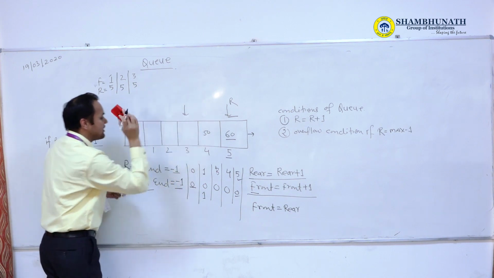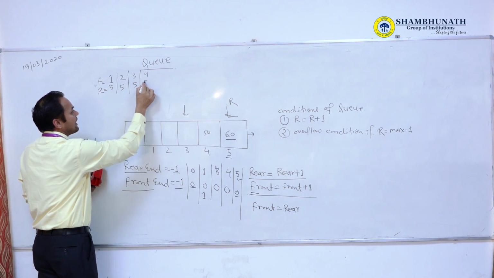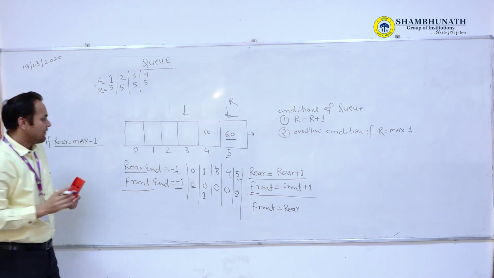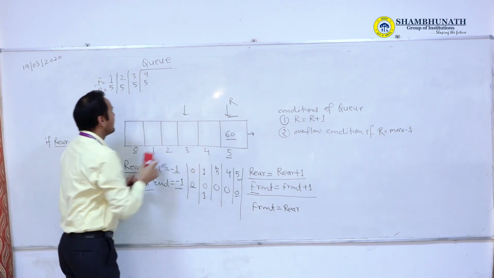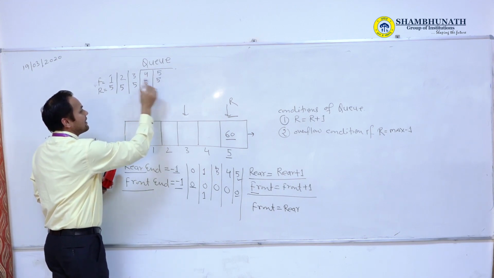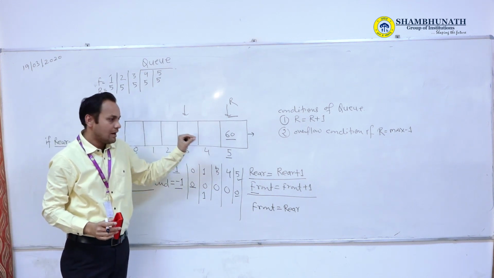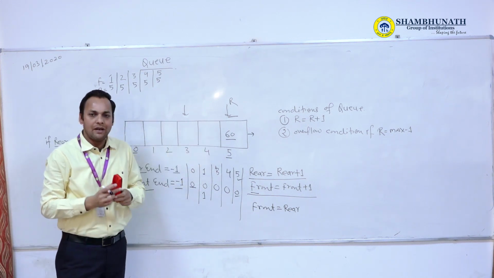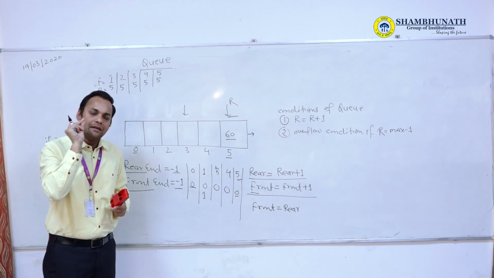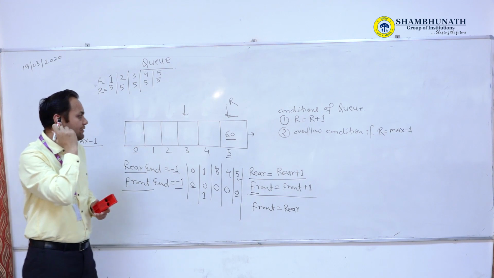Another data element is deleted from the queue. Front is 4, rear is 5. Another data element is deleted. Front is 5 and rear is 5. So, if only one element is in the queue, the position of front and rear is equal.